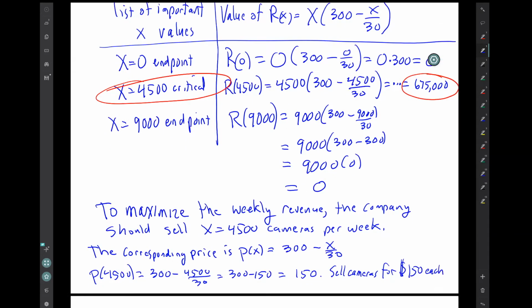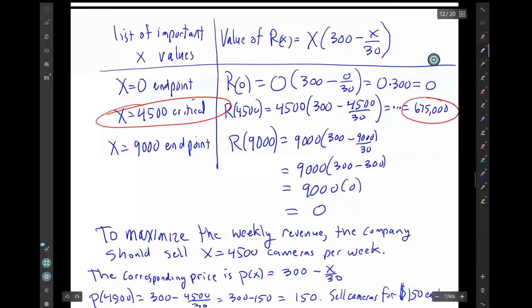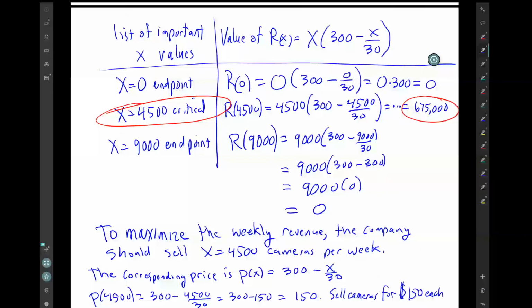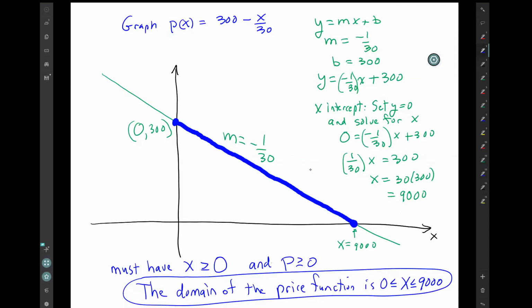Now before going on, let's go back up and look at the price function. On this graph of the price function, notice that when X is 4,500, the value of the price is 150. So there's a point on this graph whose coordinates are 4,500, 150.